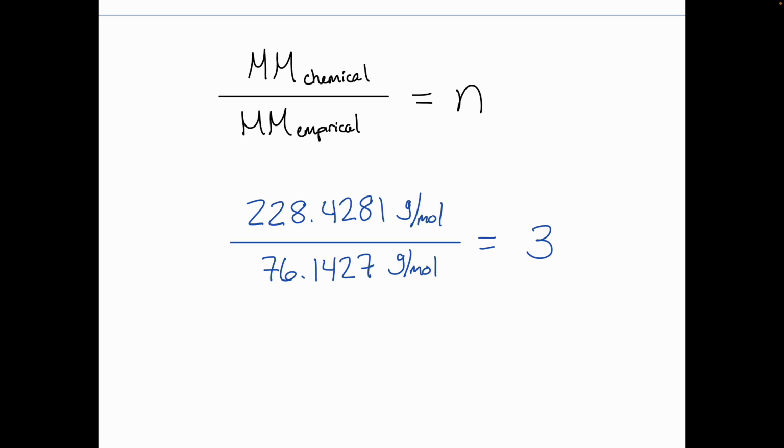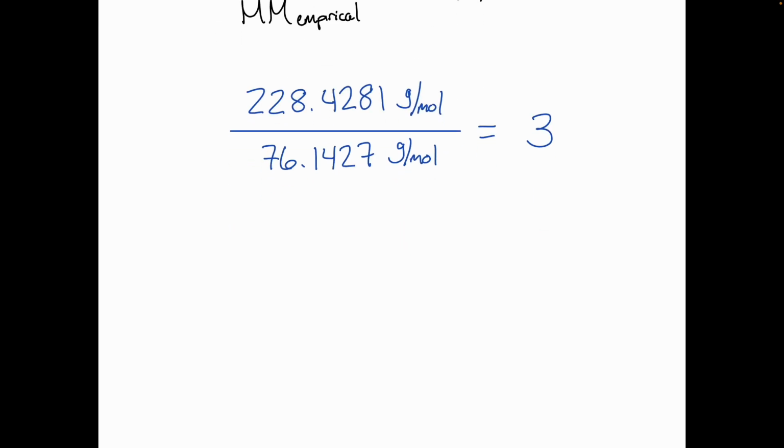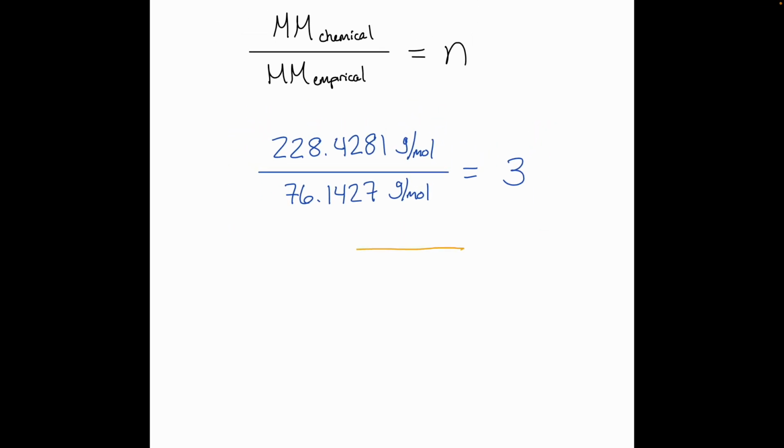Okay? So at the end of the day, I want everybody to take a second and give me the chemical formula for this compound. What the heck does that 3 mean?